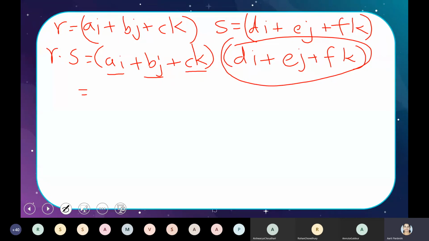Should I directly write it? Will you get confused if I write three terms? No, ma'am. Okay. Then here it is AI DI plus AI EJ, and the next term will be AI FK.